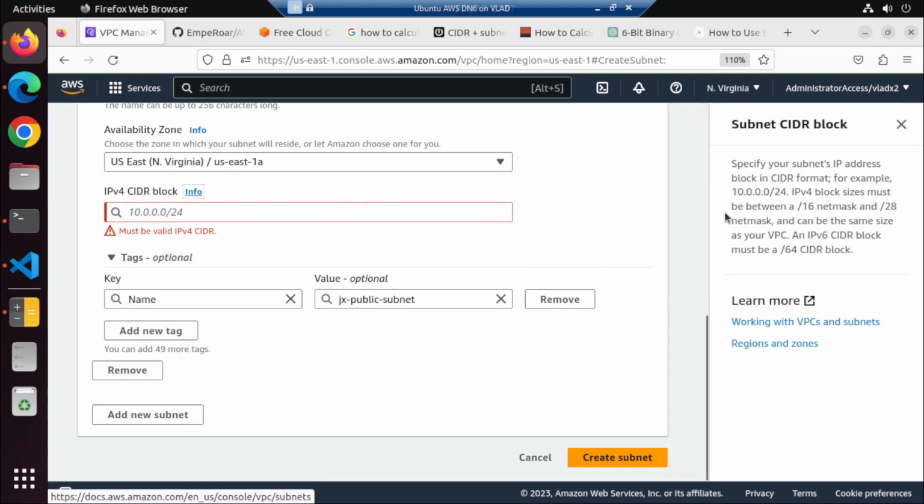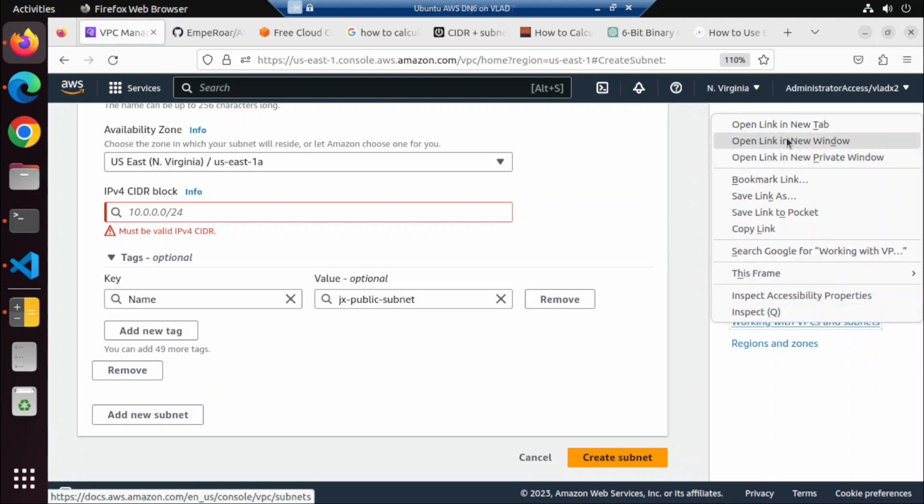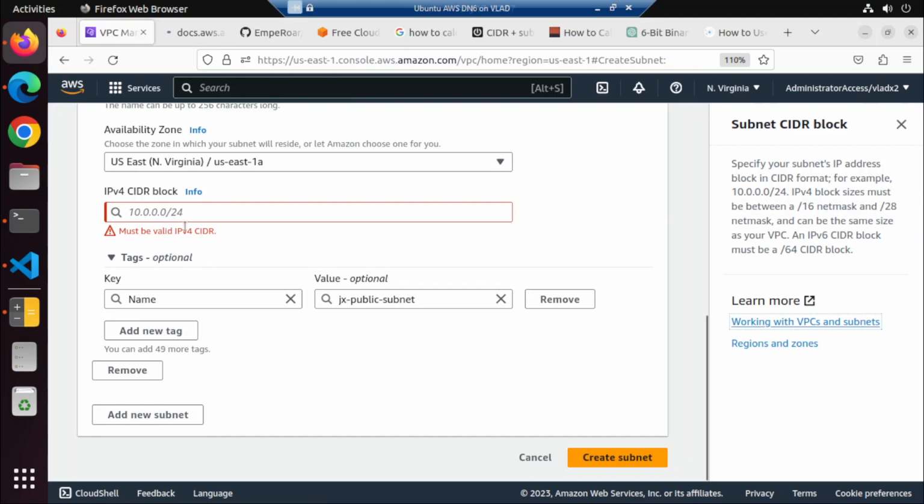Specify your subnet's IP address block in CIDR format. Block size must be between /16 netmask and /28 netmask.